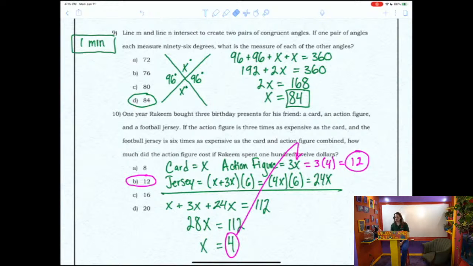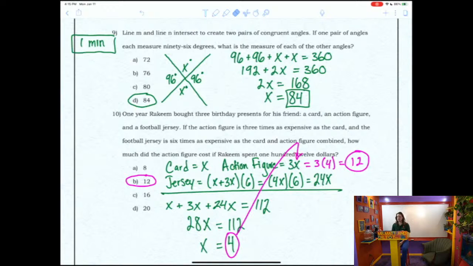If the football jersey's cost is 6 times the combined cost of the card and the action figure, then we need to combine the cost of the action figure and the card. 3x plus x, or x plus 3x, the order doesn't matter, is going to be 4x. 4x times 6, because it's 6 times more expensive, is going to be 24x.